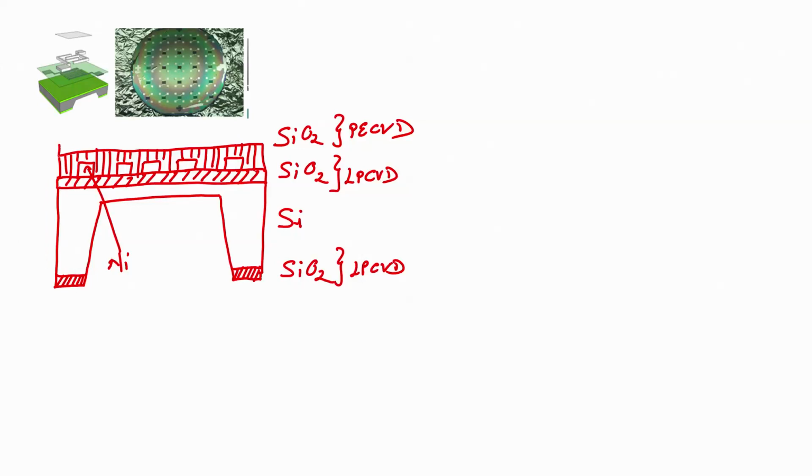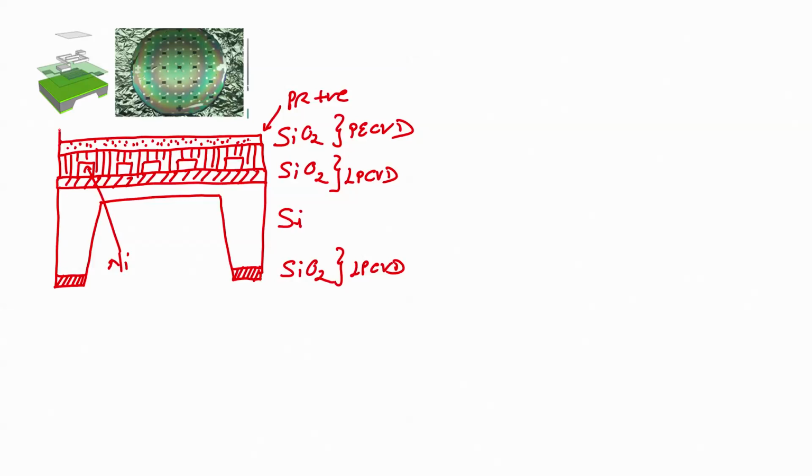After this, next step would be spin coating of photoresist. Okay. Spin coating positive photoresist. Next step, we do not want the silicon dioxide on the contact pads, right, otherwise we cannot apply power to the heater.